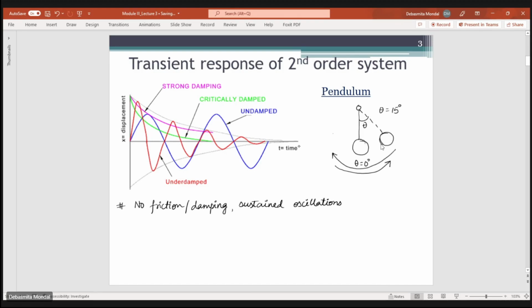And that response is given by this undamped response. You see, in case of an undamped response, you have a purely sinusoidal oscillation, and the amplitude of this sinusoidal oscillation remains the same throughout time. It is not getting reduced with time. So it will have sustained oscillation with the same amplitude.